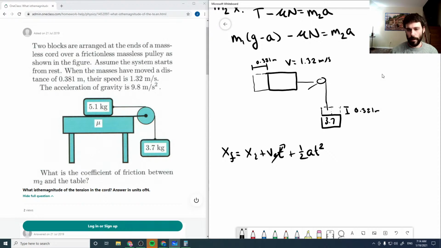So if we start from rest, then that's 0. Start from 0, then that's 0. Then we can now solve for our acceleration. So our acceleration is going to be 2xf over t squared.